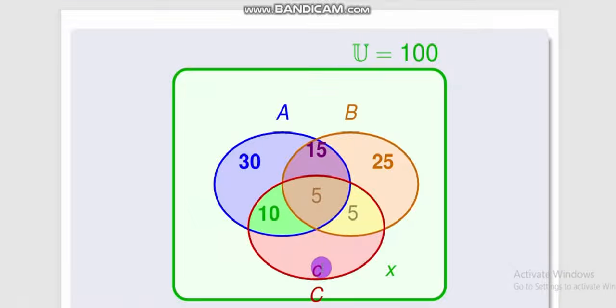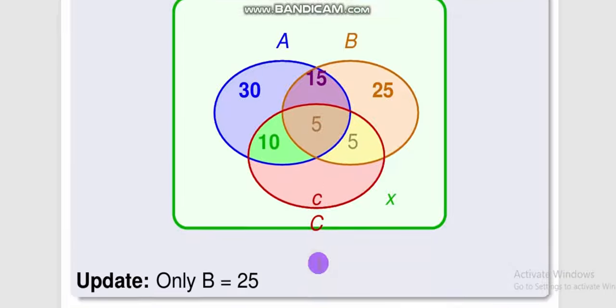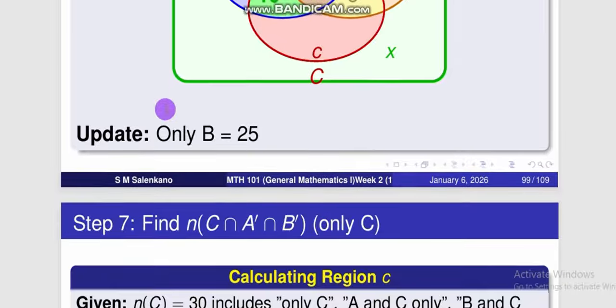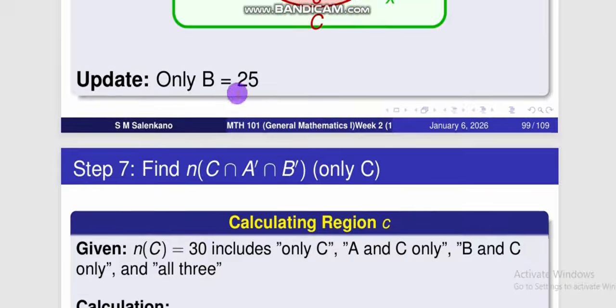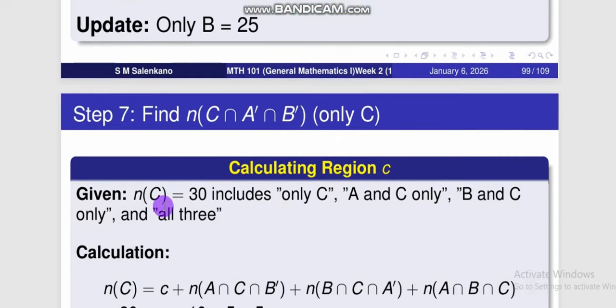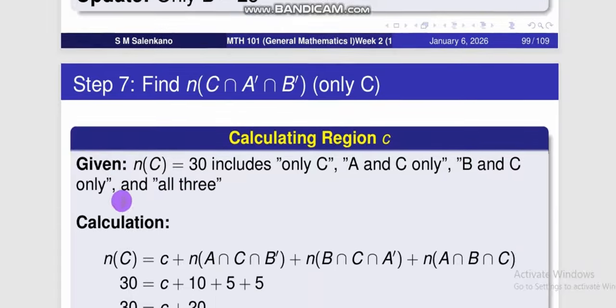Then we are going to get our region for C in the same way. Update: only B is 25. So we are going to find C only. Remember the number for those who read newspaper C, we were given 30, and this 30 includes only C, A and C only, B and C only, and all three.